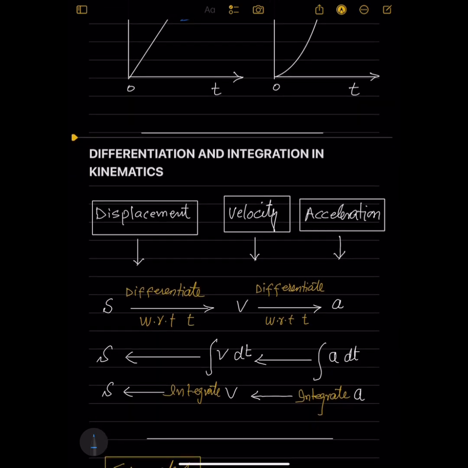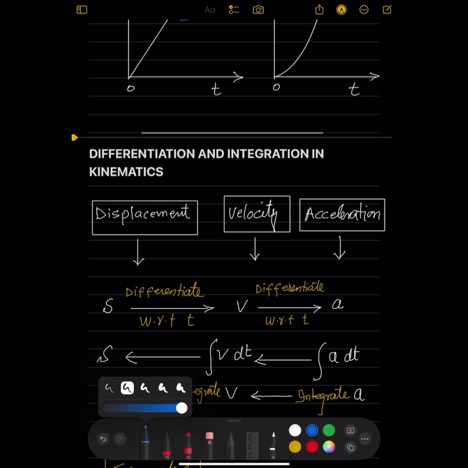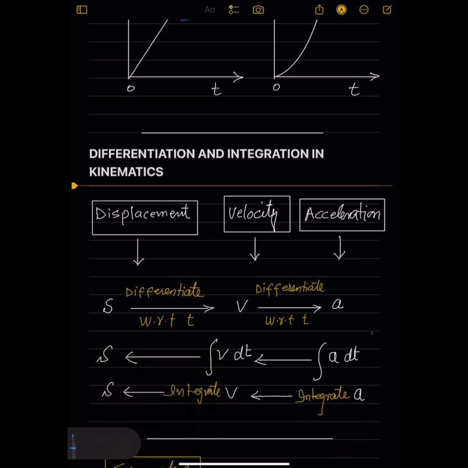Displacement is represented by S, V for velocity, and A for acceleration.